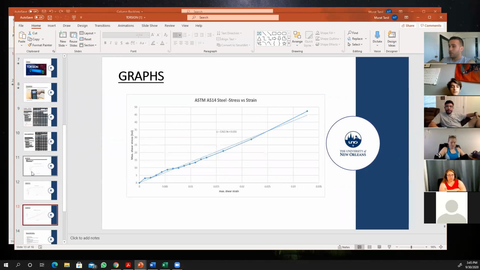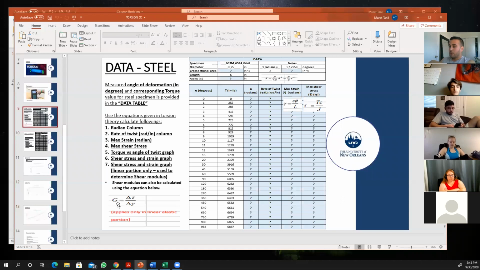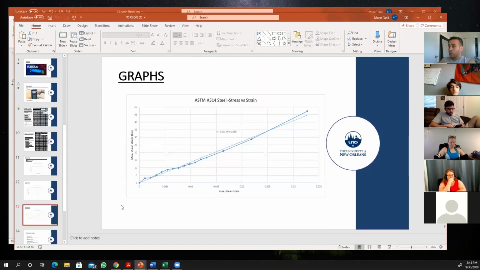You can either use this equation, G, the shear modulus, equals the change in shear stress divided by the change in shear strain. It's also the slope of this line.